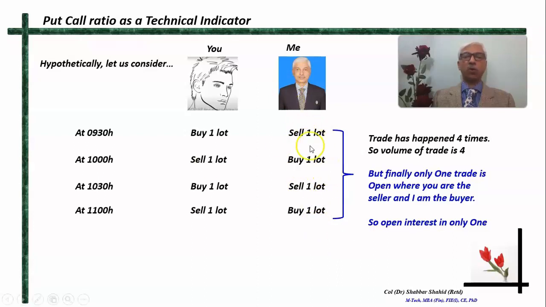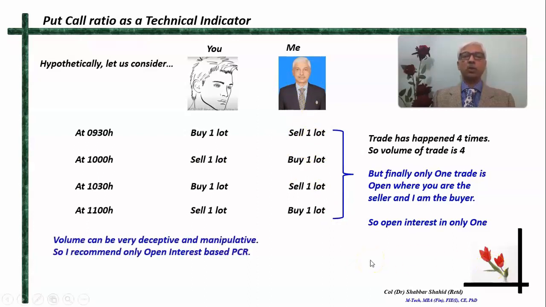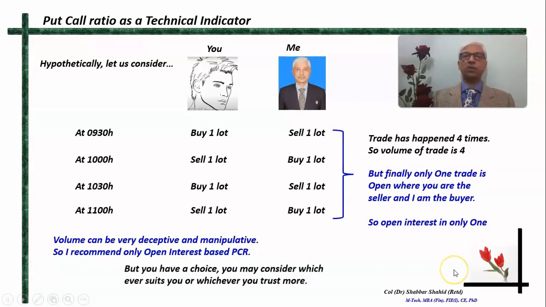Though the volume is 4, the number of trades which are actually open at this moment of time is only 1. So therefore, volume can be very deceptive, can be very manipulative. I strongly recommend that you consider open interest based put call ratio. But the choice is yours. You can refer to either of them, whichever suits you.